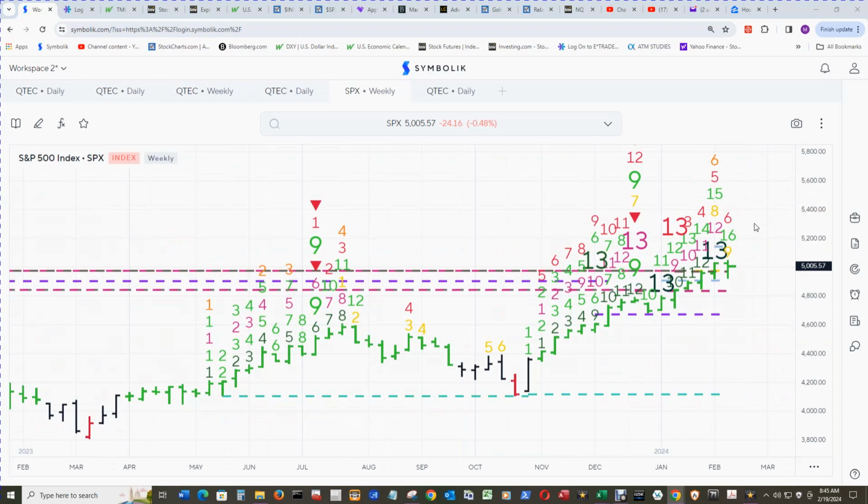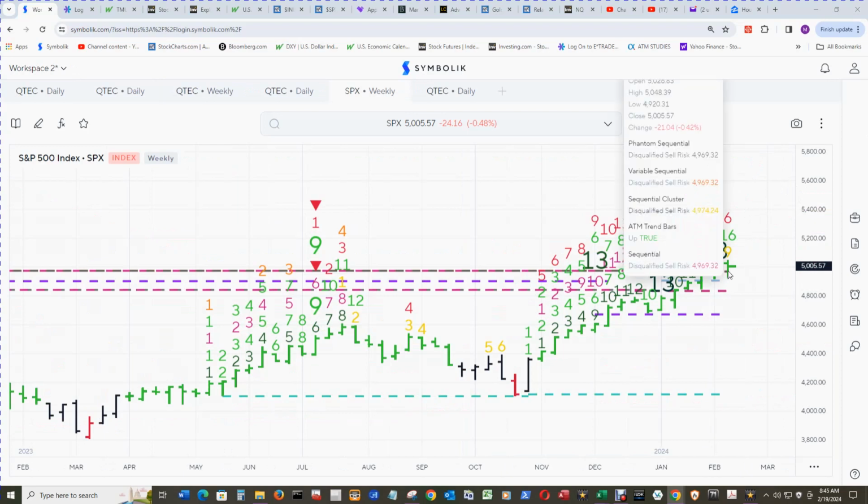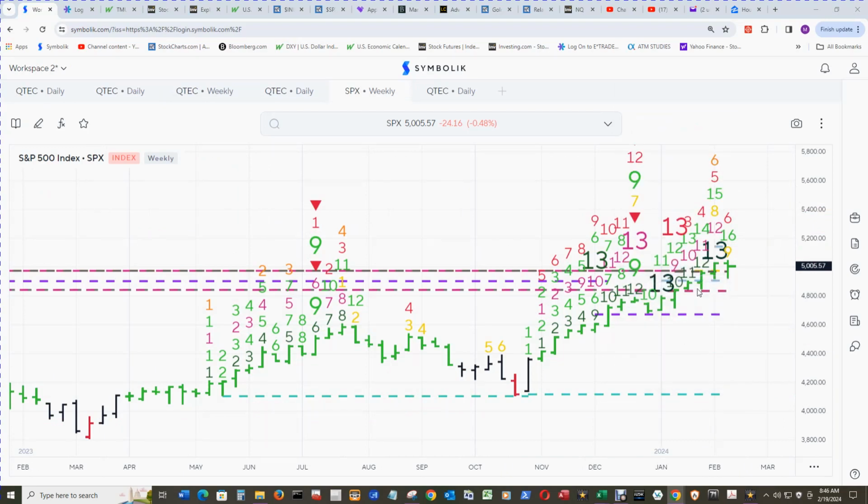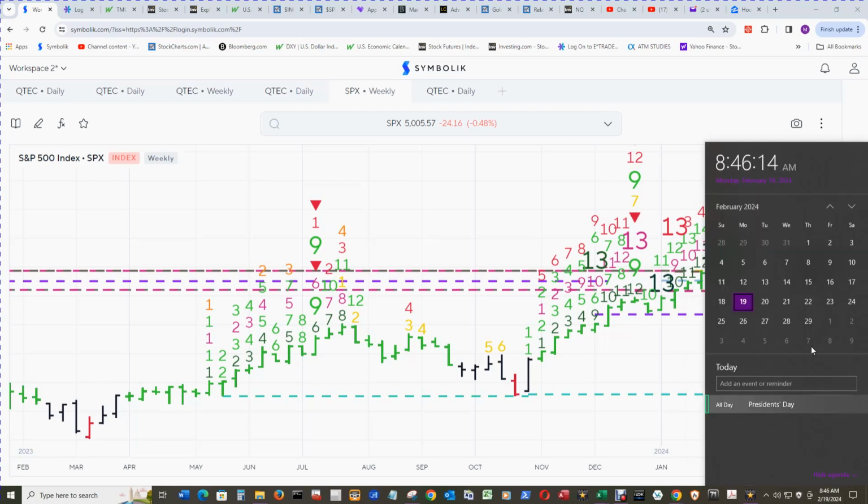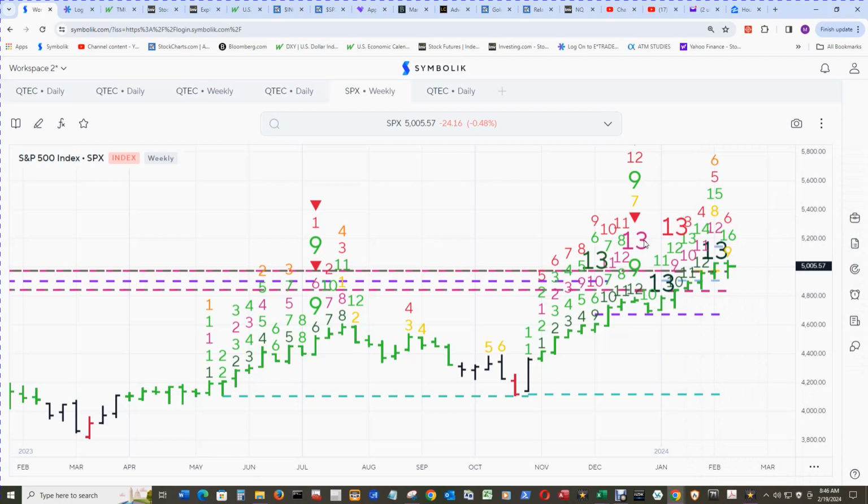Not too high, but drama nonetheless, as 4 bars back from the open on Tuesday would be 4890.97 for a close. So a close below that level for end of week coming up, and the end of week would be Friday the 23rd, and this recycle count sell setup 16 will be negated, and I'll be a seller.